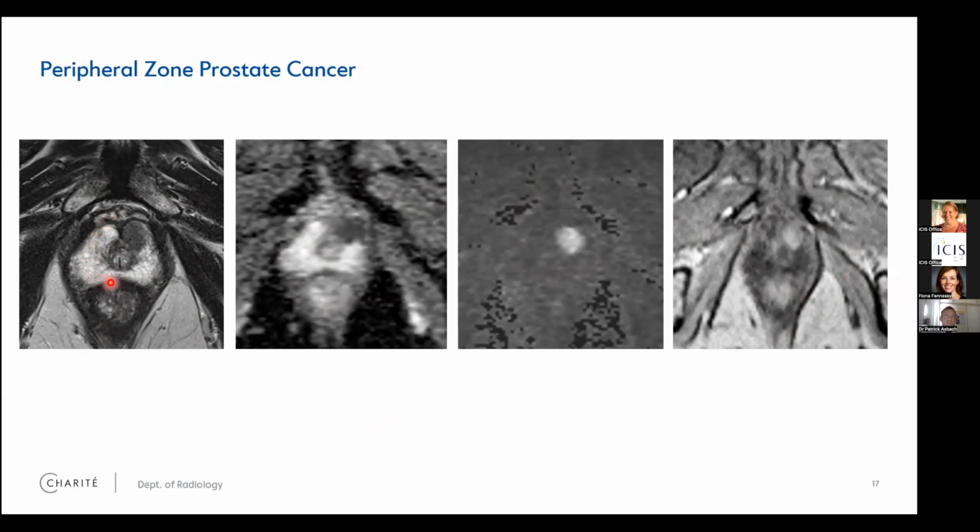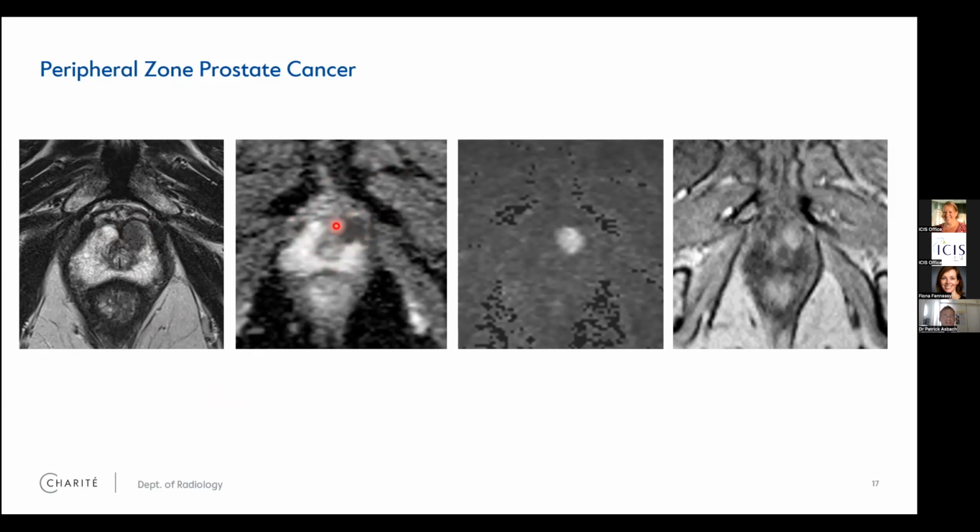So we see this nice T2 hyperintense signal of the normal peripheral zone, and we see a focal area of decreased T2 signal in the peripheral zone, in this case the left anterior peripheral zone. This is a typical area for prostate cancer in the peripheral zone, as I said. On the ADC map, you see marked diffusion restriction.